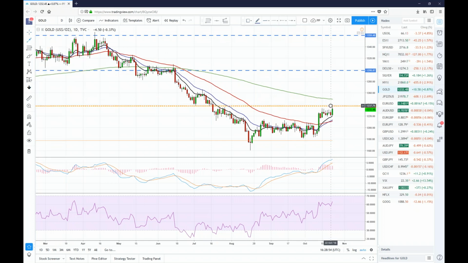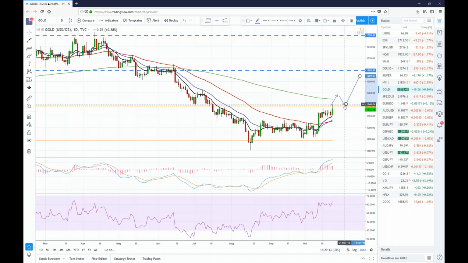If I think that price is moving higher here, I would expect that price actually starts to come back again to test this level. And from there, I would expect price to push higher if that break actually is successful.